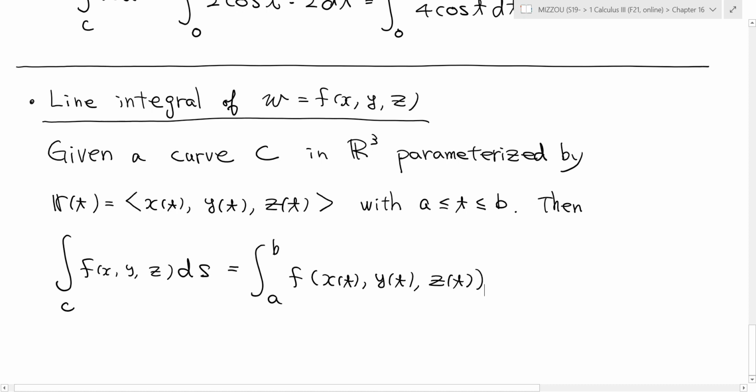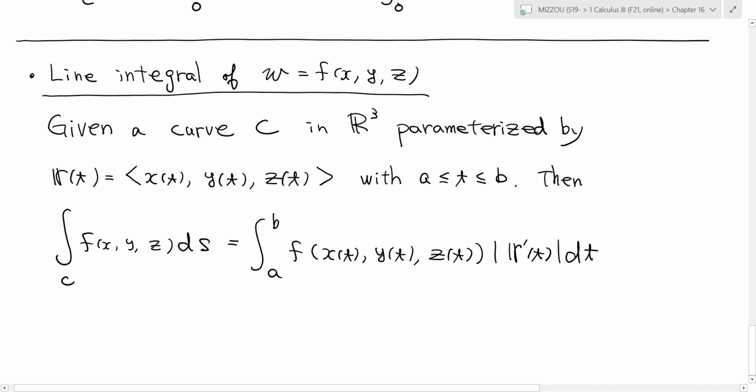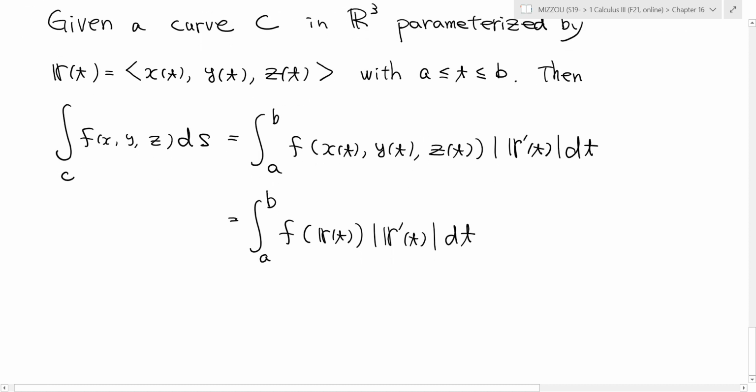And then you multiply the magnitude of the derivative. And that is equal to, so shorthand notation for this is integral from a to b f of r of t times the magnitude of r prime of t dt. Okay, so this is a line integral in 3-dimensional R3.